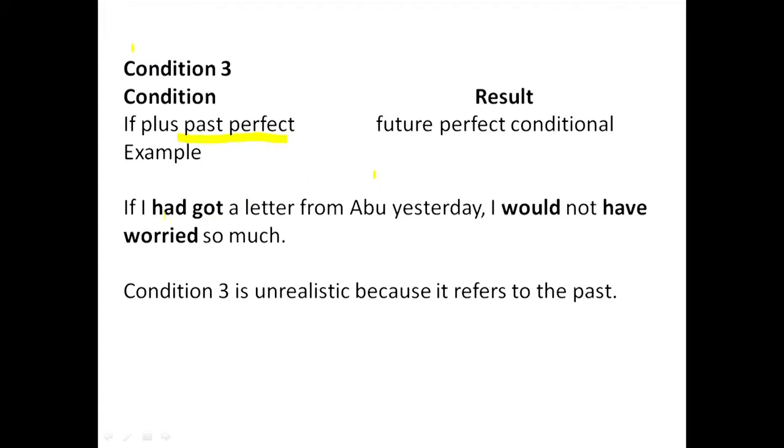You see, so of course we have here had got, so very clear, under the condition, the elements having the if. And of course we have the word would, the have, and the worried. Okay, we call this one what? Future perfect conditional. It's very easy.